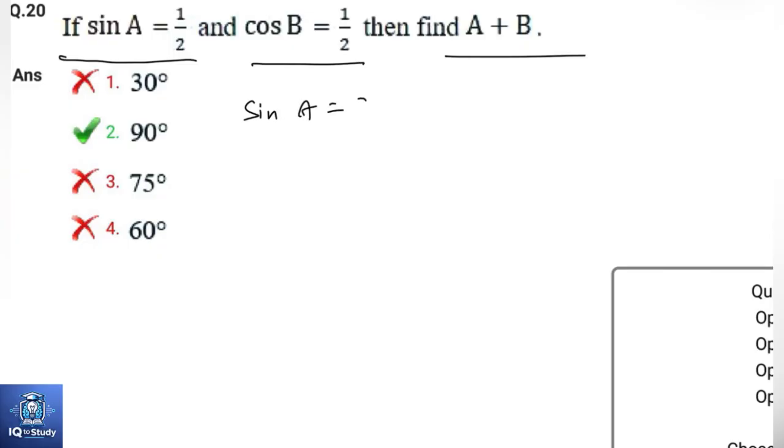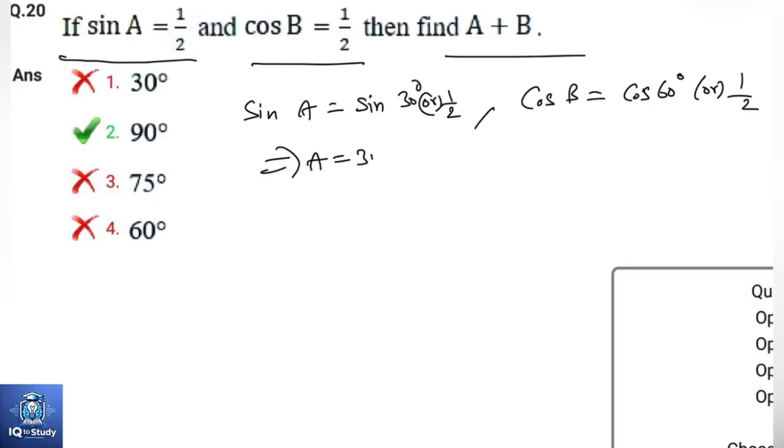We can write 1 by 2 as sine 30 degrees and here 1 by 2 as cos 60 degrees because this value is equal to 1 by 2 and this value is also equal to 1 by 2. From this we get A is equal to 30 degrees and B is equal to 60 degrees. So A plus B is equal to 30 plus 60 which is equal to 90 degrees.